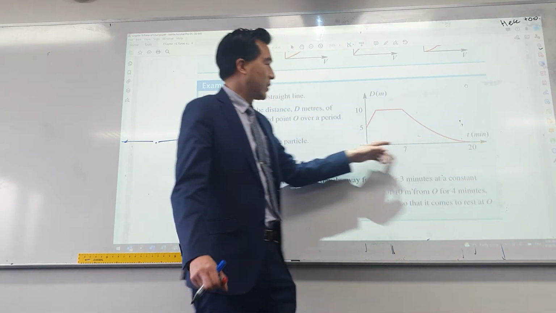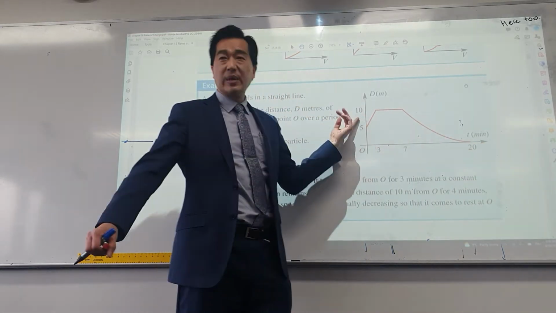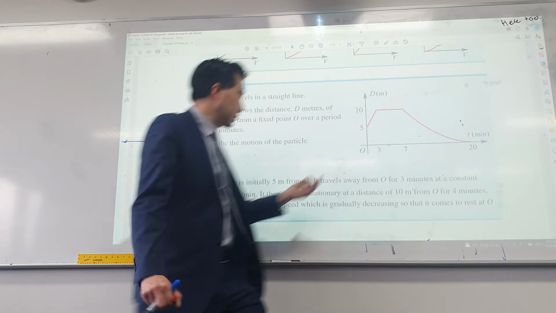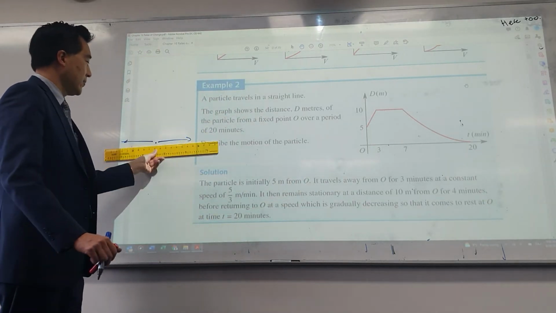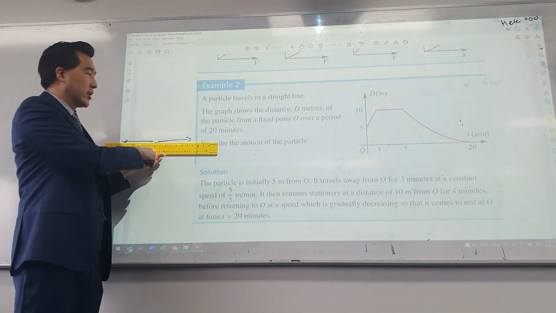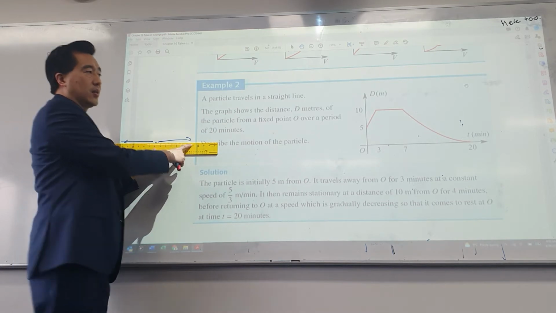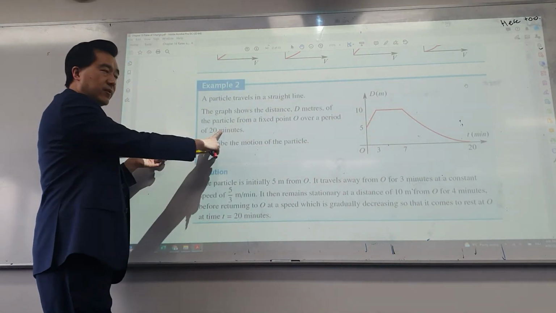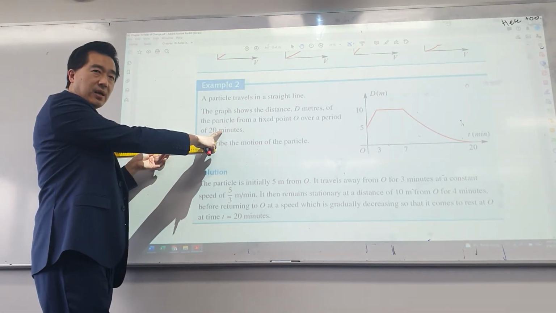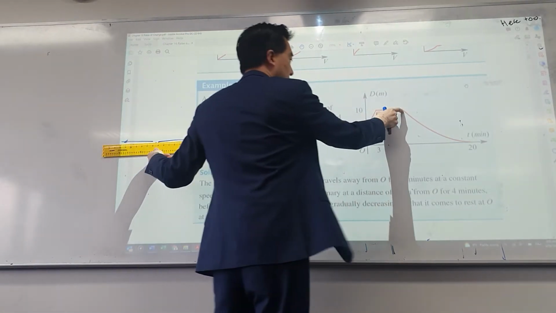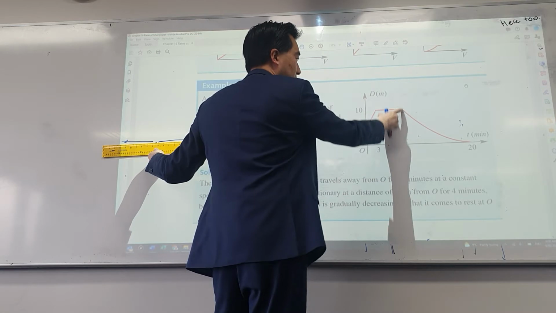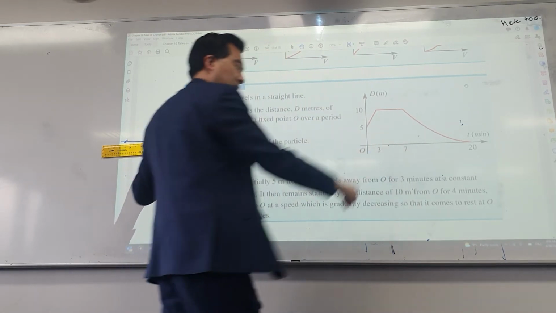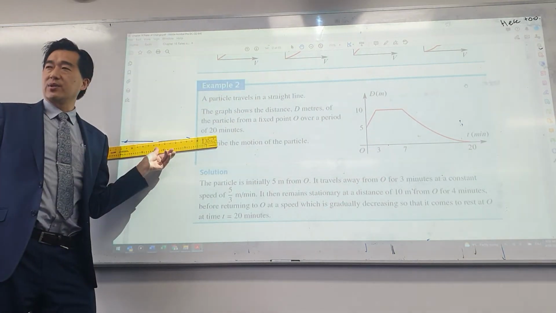Okay? So what this means is that it starts 5 meters to the right. So if it was drawn to scale, if this was a 0 point, it would probably be over here somewhere. Then this bit means that it's traveling to the right again, even further away, to the 10-meter mark. This part here means that for those 4 minutes, from the 3-minute mark to the 7-minute mark, the particle is actually stopped.